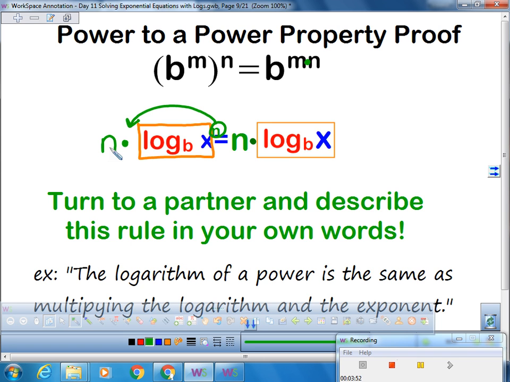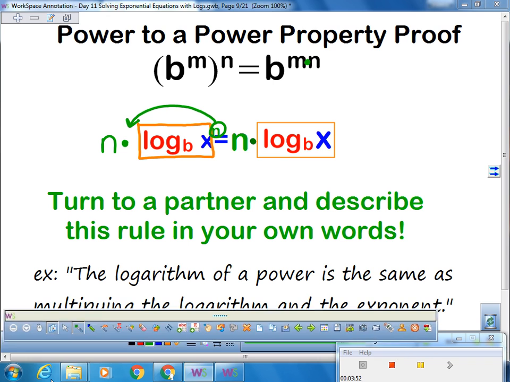Log dx is an exponent. It's an exponent being raised to a power. So can't I multiply the exponent times the power? Just like I did there, the exponent times the power. So that's what I did here: the exponent times the power times the exponent. Okay? So whenever you see a log raised to a power, you can say that power is really being multiplied.